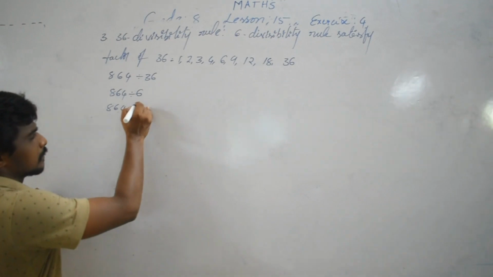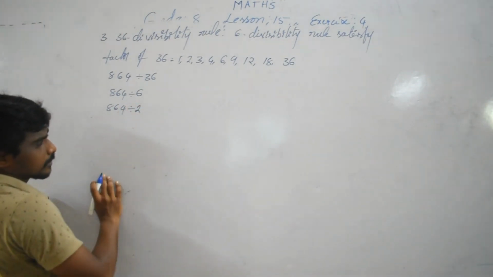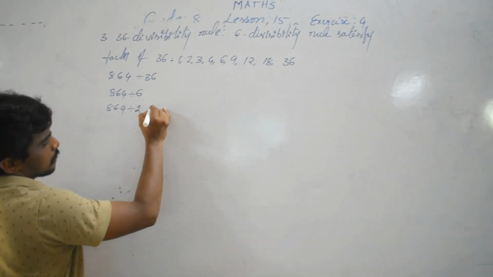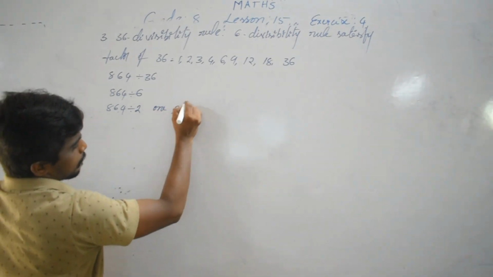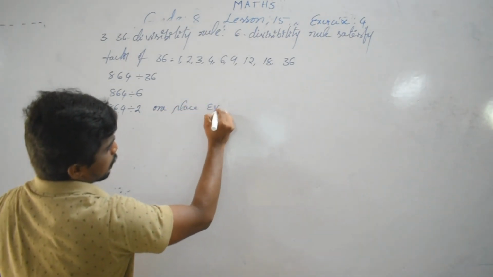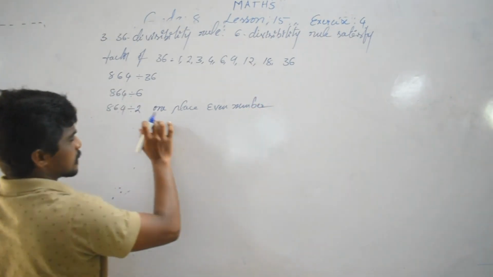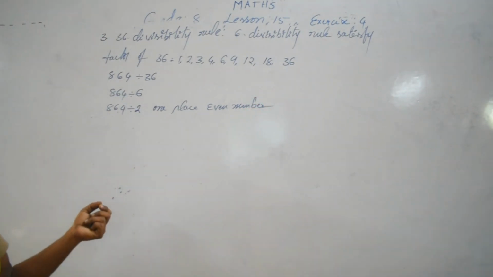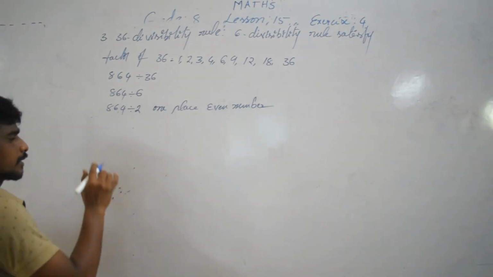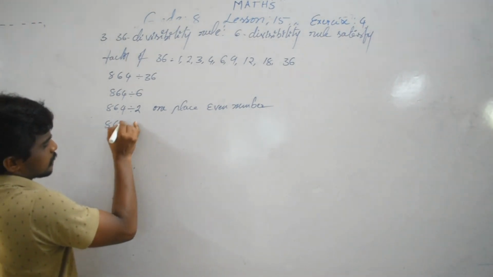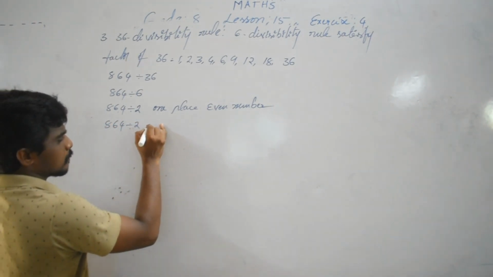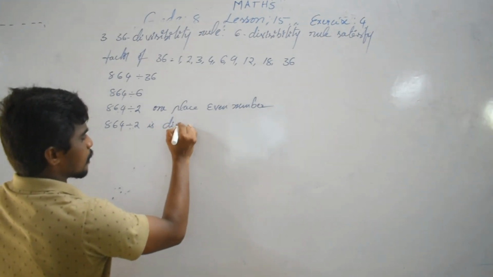So here, what is the 2 divisibility rule? If the ones place is an even number, that number is also divisible by 2. So 864 divided by 2 is divisible.